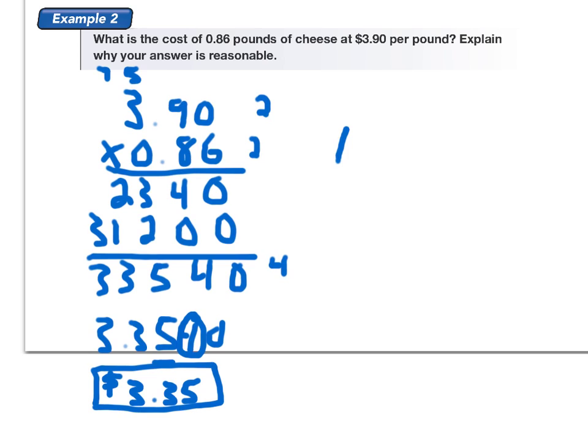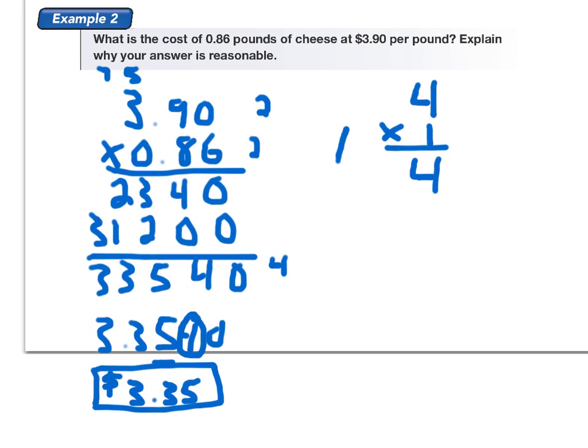Now explain why your answer is reasonable. To check and see if it's reasonable, we should go ahead and estimate these. 3.90 would round to 4, 0.86 would round to 1, and if I multiply those, I should get somewhere around $4.